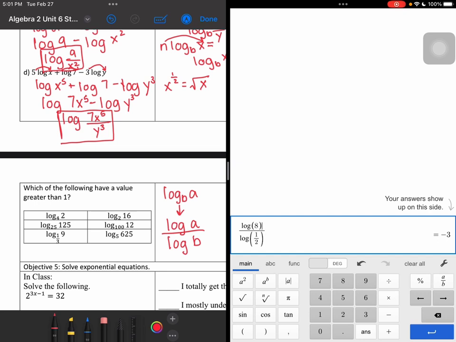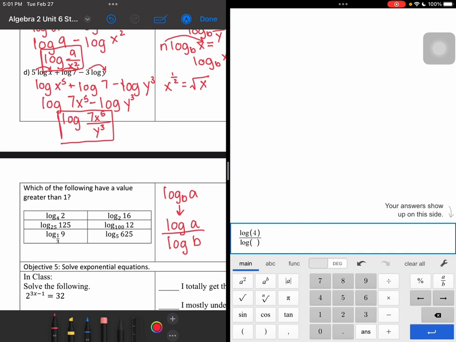So I can type each of these into my calculator. So I'm going to do log of 2 divided by log of 4. That's 0.5, not a value greater than 1.